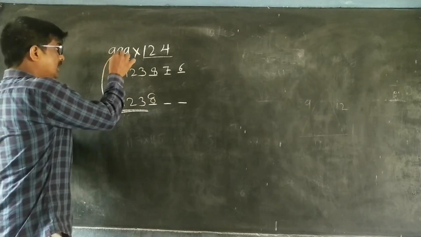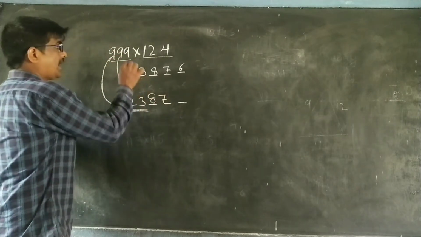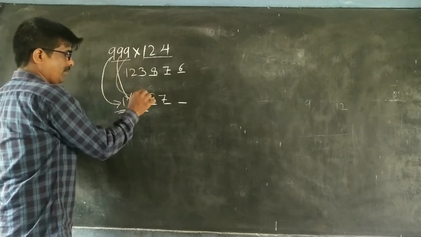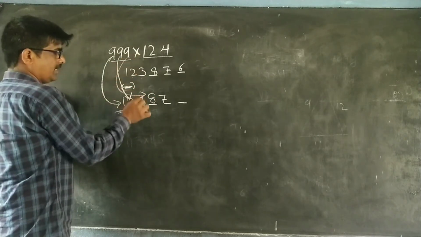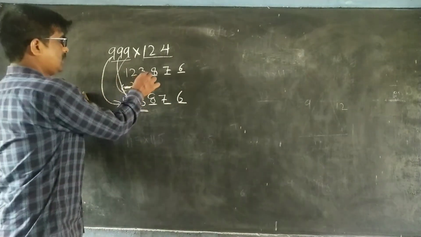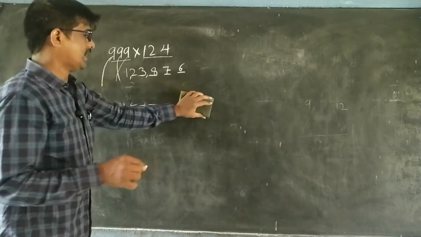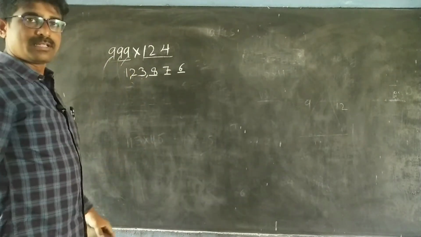Next, 9 minus 2 is 7. Again 9 minus 3 is 6. So the answer is 1,24,873. This is for 999.